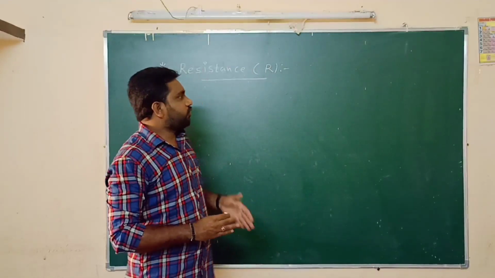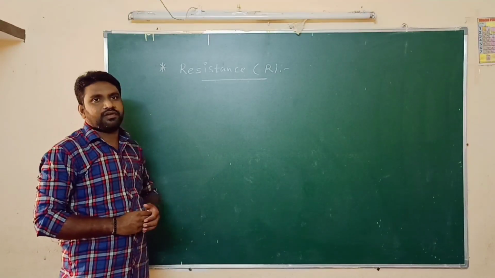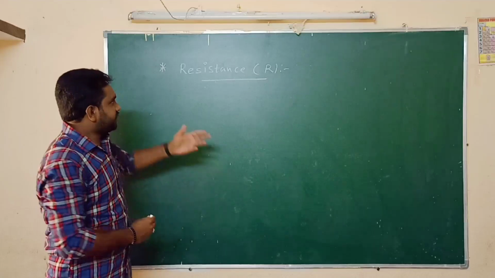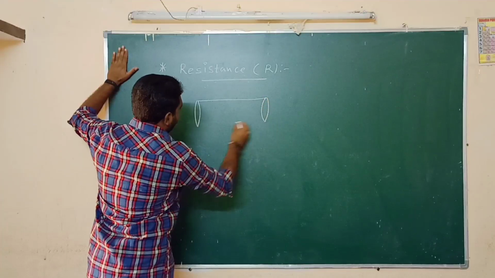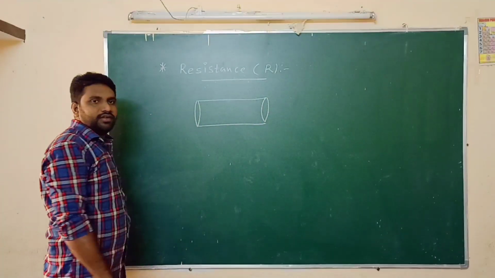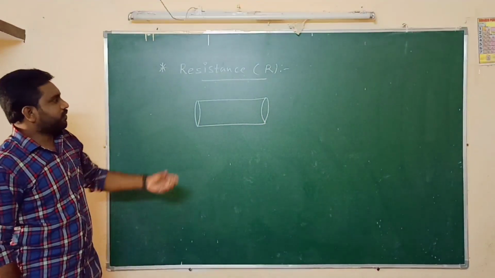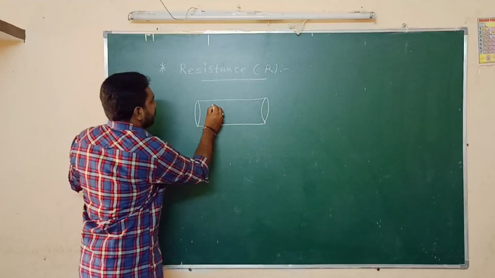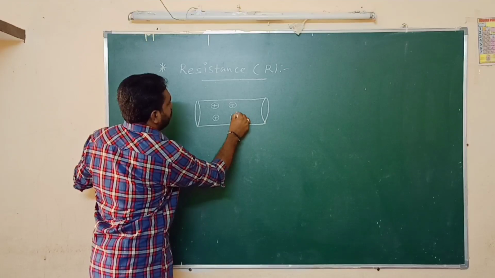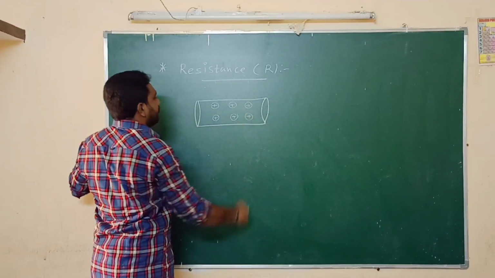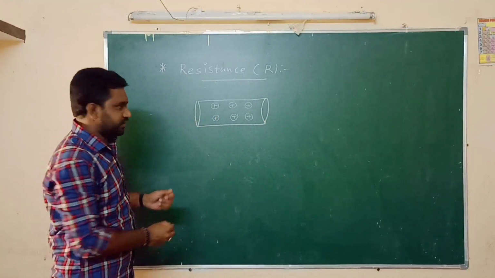Why does it oppose the free electrons? It depends on the molecular arrangement inside different substances. For example, consider a copper wire. If we consider the molecular arrangement inside the copper wire, here we have positive atoms like nuclei. We already know that copper is a good conductor of electricity, so it has a large number of free electrons.